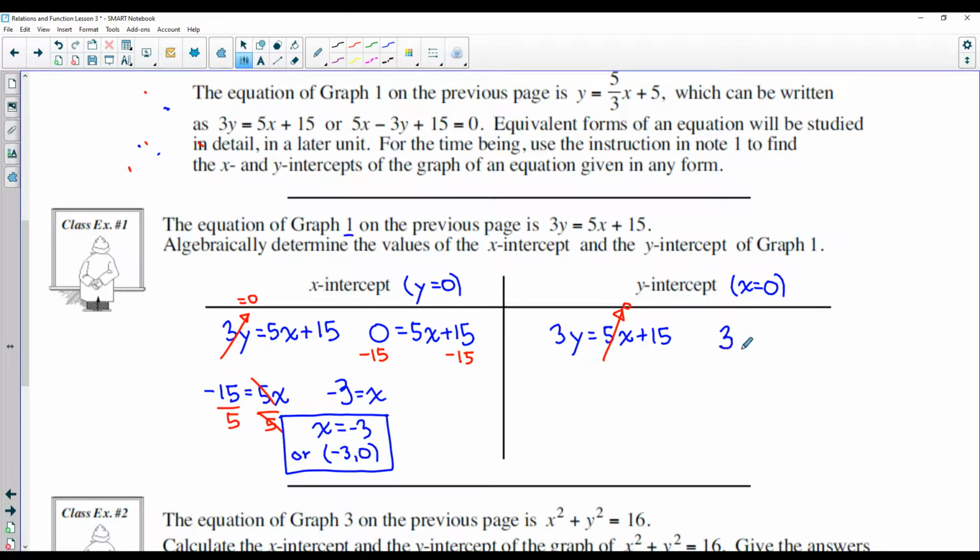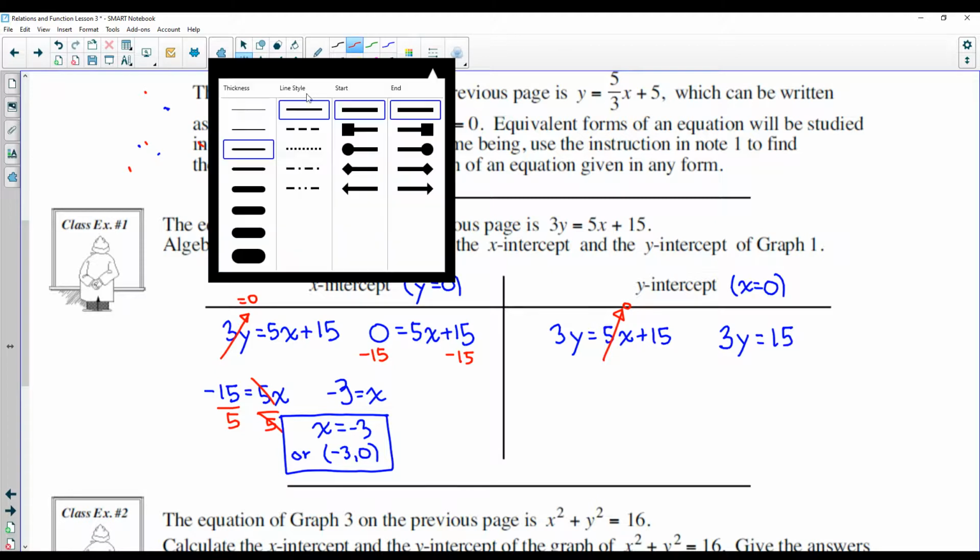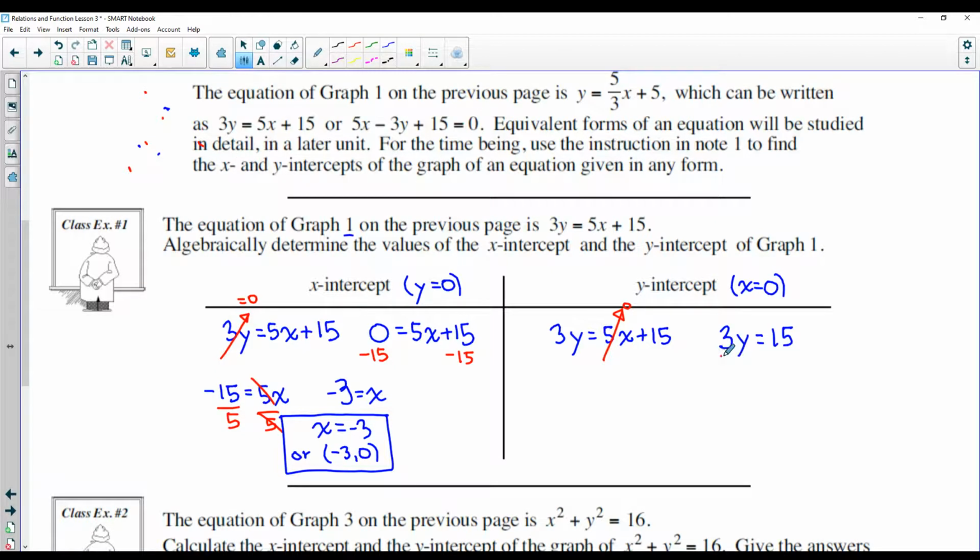3y would be equal to 15. And then to solve for the y-intercept, all you have to do is divide both sides of the equation by 3. The 3's on the left-hand side would cancel. And then this would leave you with your y-intercept, which would be 15 divided by 3 is 5.